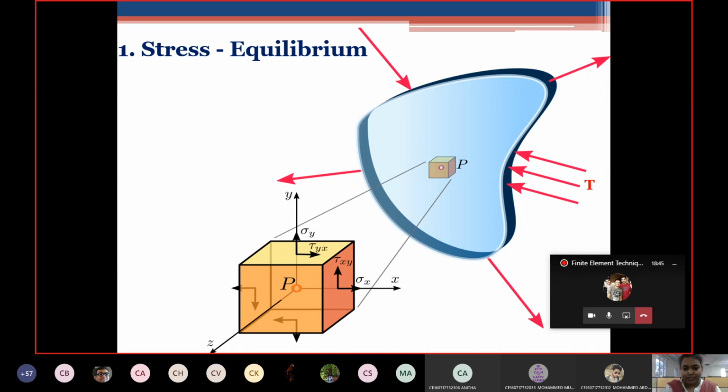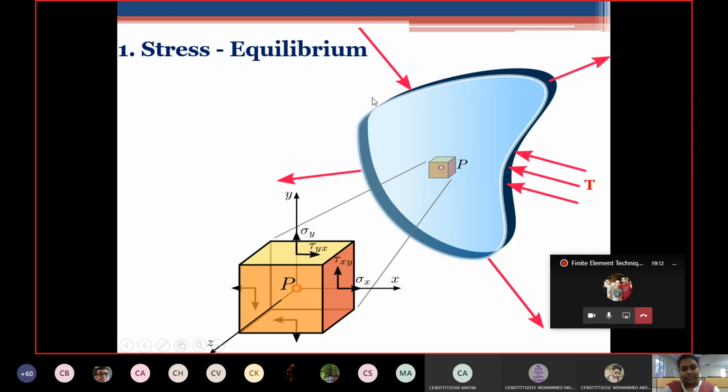Stress equilibrium equations, you should already have finished by your second year. Stress equilibrium equations, principal stresses, principal strains, strain displacement equations, all these come in your second year itself in strength of materials or solid mechanics or whatever subject you had.